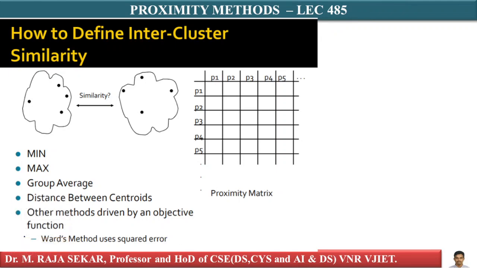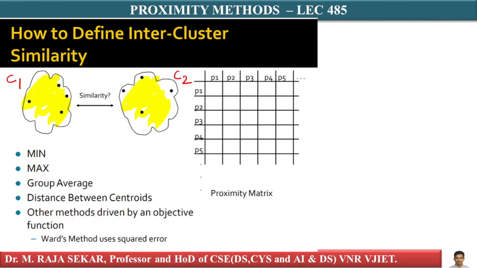In this lecture, we will try to understand proximity methods. So the big question that we have to answer is how to define the intercluster similarity. Suppose I have a cluster C1 of points, could be one point or multiple points, and there is another cluster C2.